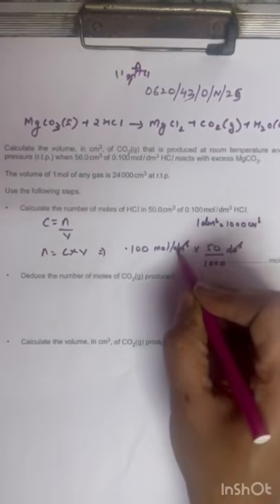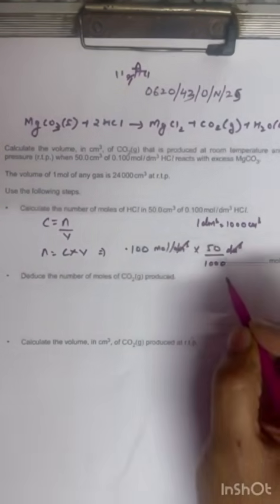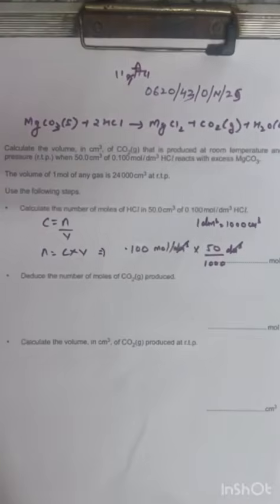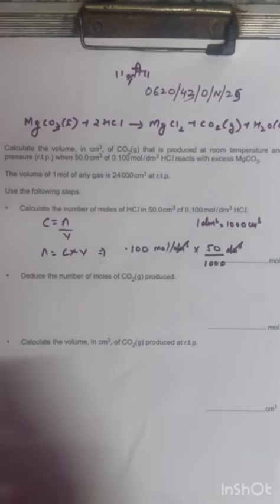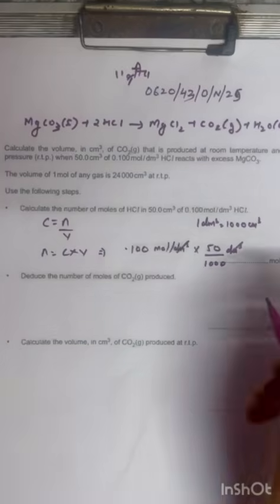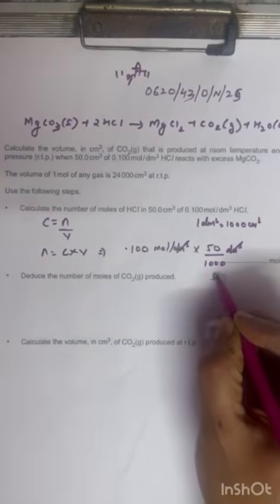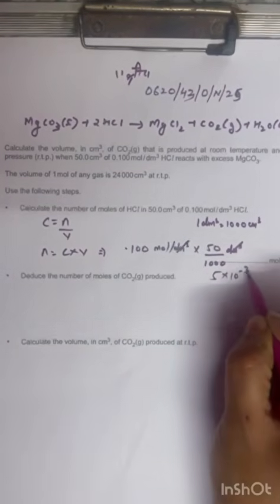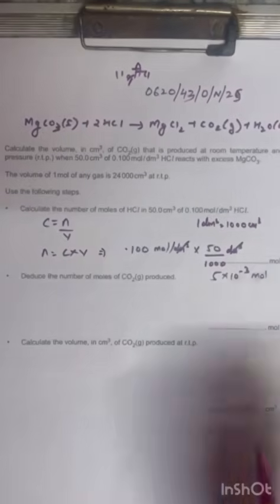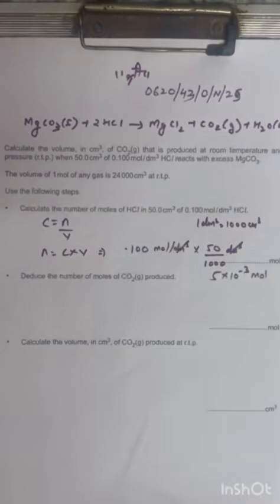So this thing will cancel out, and now if I simply calculate the value, it is 50 multiplied by 0.100 and then divided by 1000. So your answer will be 5 into 10 to the power minus 3 moles. So this is your first answer.